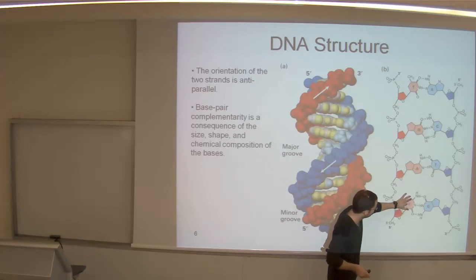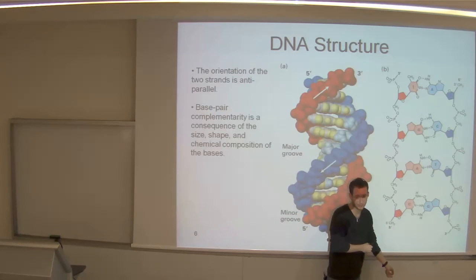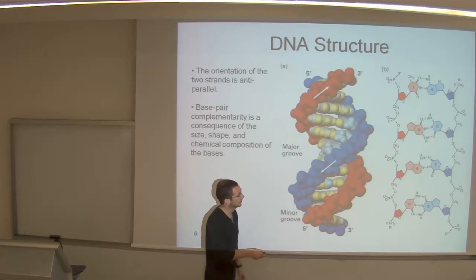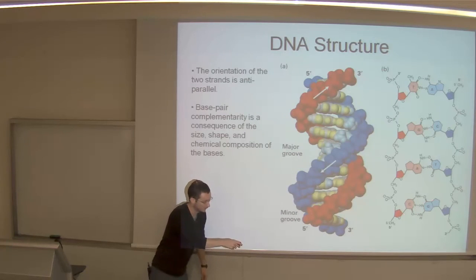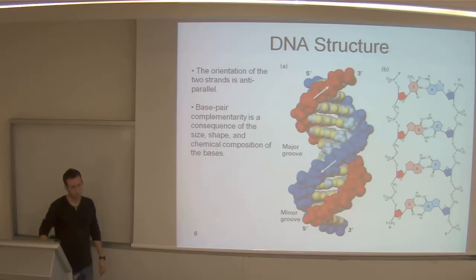The hydrogen bonds between a purine and a pyrimidine are called after the two researchers that deciphered the structure of the DNA double helix, Watson and Crick. So these are called Watson-Crick interactions between two bases.